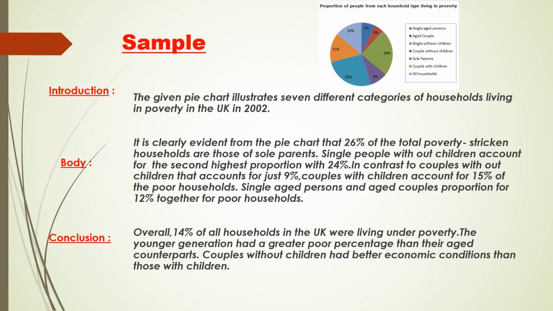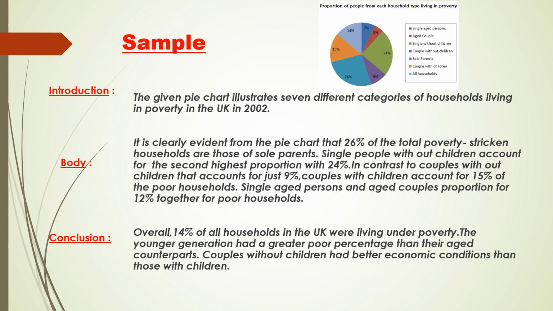Yes, so I'm going to give you a sample for the same pie graph here. The introduction, as I told you, is going to be very simple. You can pick out the introduction right from the question itself. The given pie chart illustrates 7 different categories of households living in poverty in the UK in 2002.